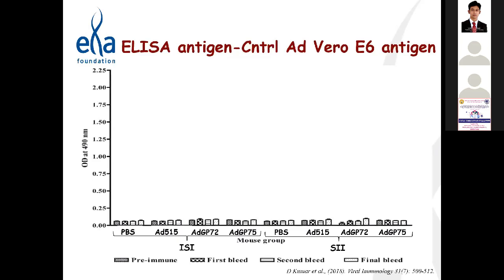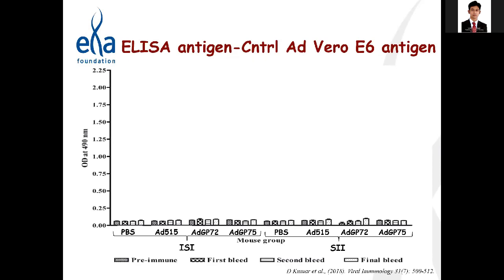The next antigen that we used was the control adenovirus infected Vero E6 lysate. This antigen also does not contain any specific glycoprotein, so we don't expect any antibody to be present against the vector or any other protein. Accordingly, we did not see any bars going up in these controls as well.